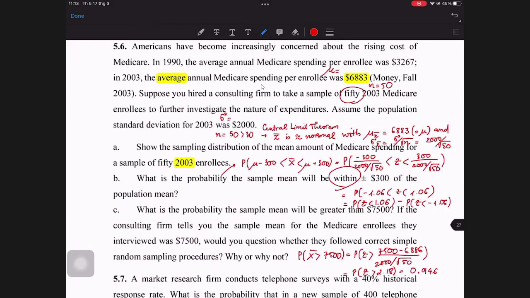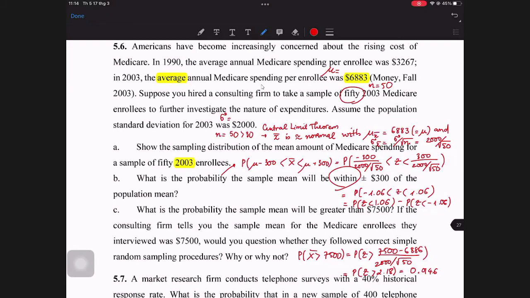Then if that is the case, it is likely we have to question whether they select the sample using simple random sampling or not. Because if we use simple random sampling, it is very unlikely that we will have the sample mean of 7,500 or more. But in fact, we have that situation. So it is likely that the consulting firm didn't select the sample using the simple random sampling method, but maybe they will just select it out of convenience.